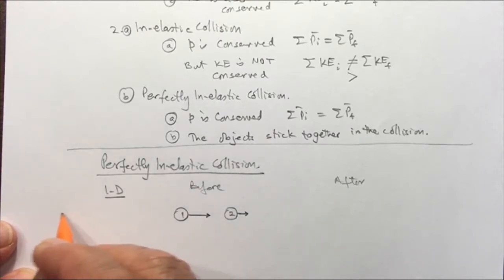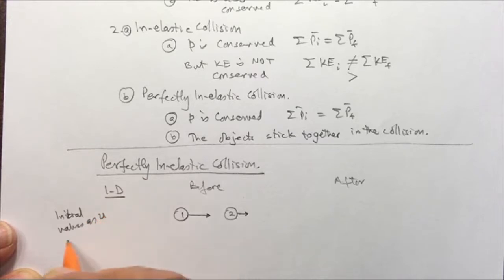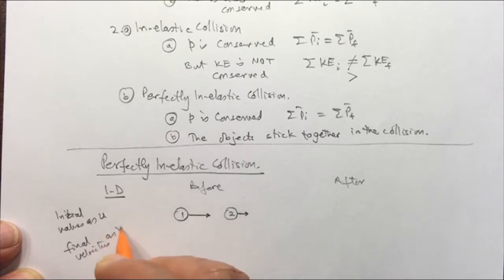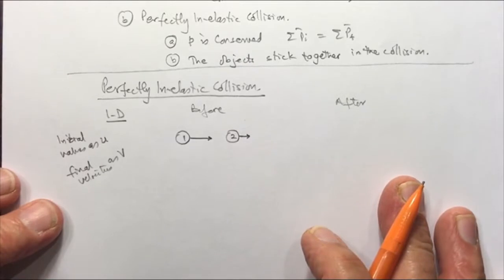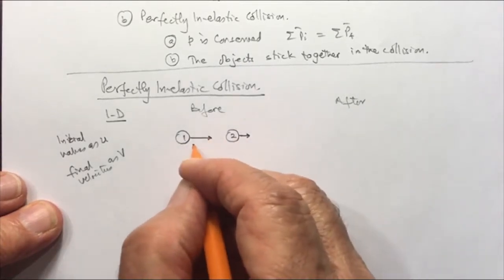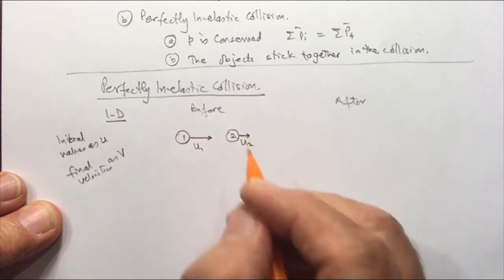Now we'll take the initial velocities as u and the final velocities as v, so that way we avoid a subscript. So we'll say that this is u1 and this is u2, and this would be m1 and m2.